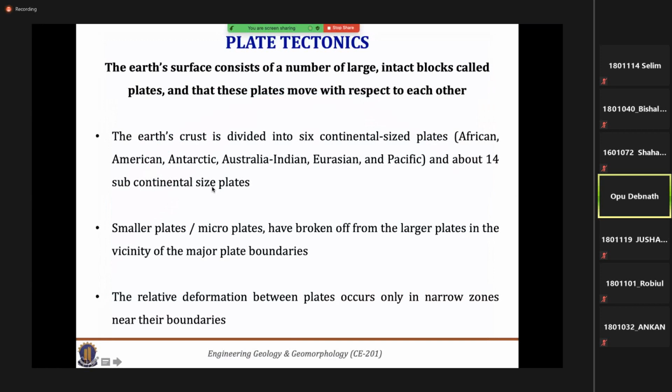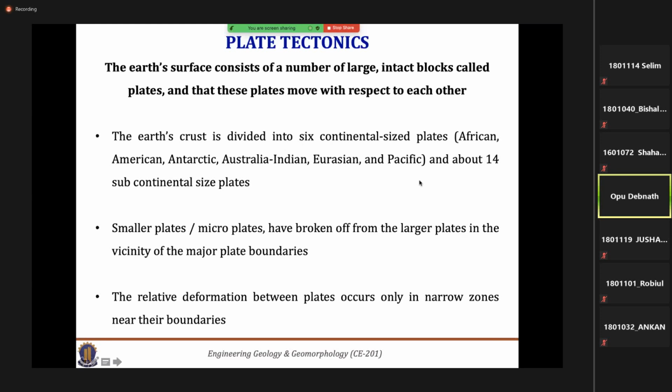So let's have a detailed look at plate tectonics. Our Earth's surface consists of a number of large intact blocks that are called plates, and these plates move with respect to one another. The Earth's crust is divided into 6 continental-sized plates: African, American, Antarctic, Australian, Indian, Eurasian, and Pacific plate.